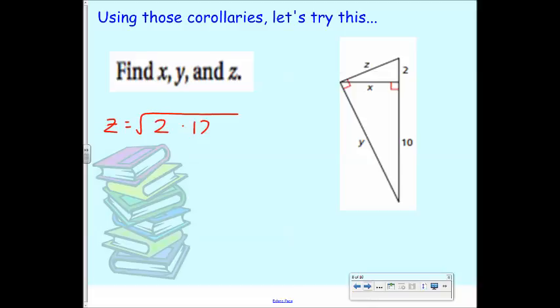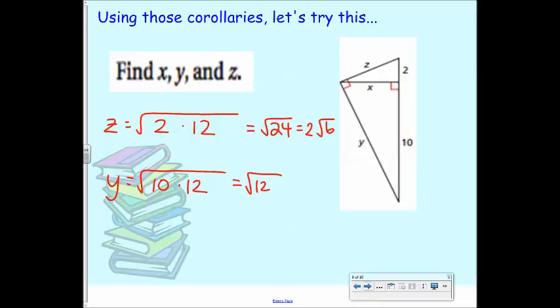Okay, do that for me. Find Z. Square root of 24. Okay, which if you simplified that would be 2 root 6. All right, and then this would be equal to what? Square root of 120. Okay, how do we find X then?